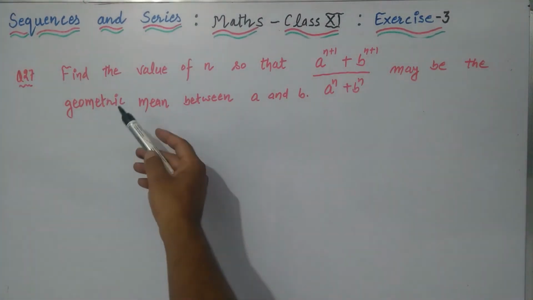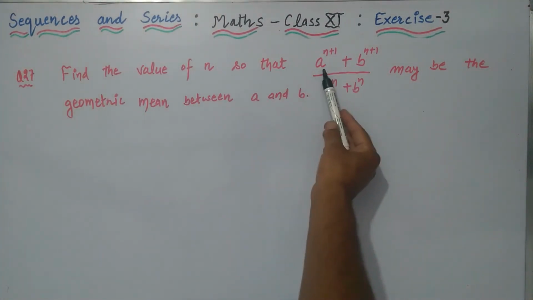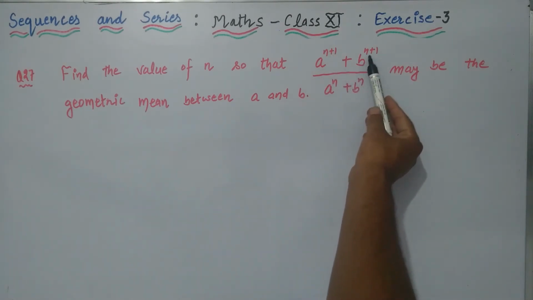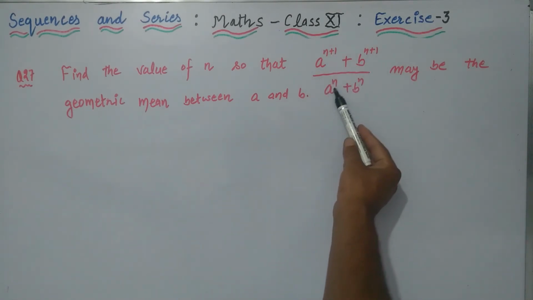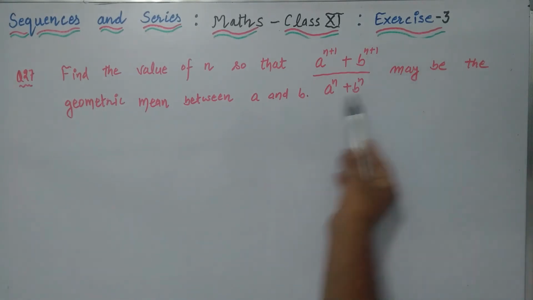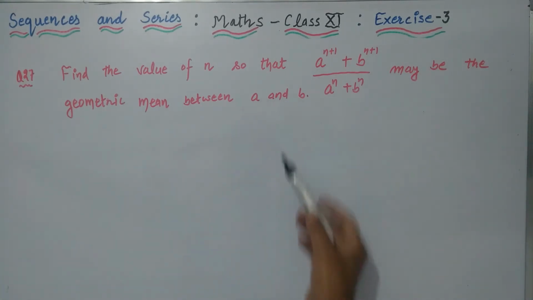Question number 27. Find the value of n so that (a^(n+1) + b^(n+1)) divided by (a^n + b^n) may be the geometric mean between a and b.